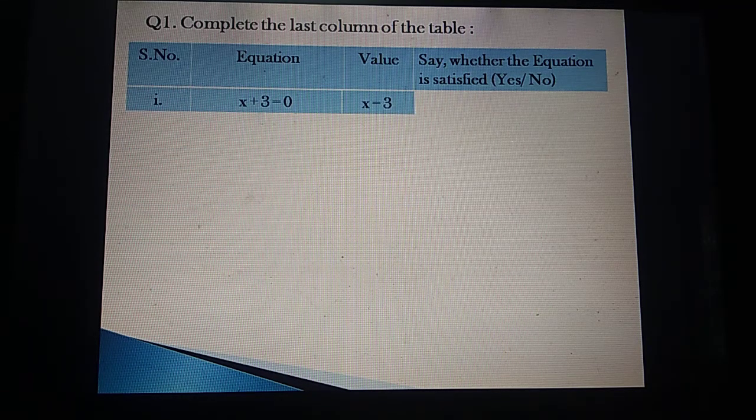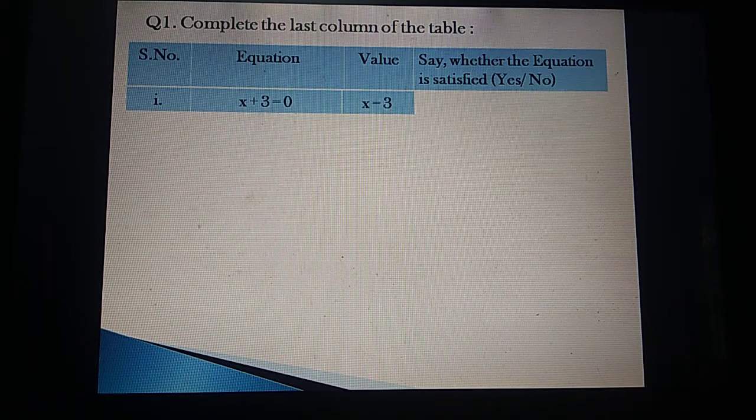So the first one is x plus 3 equals 0, where the value given of x is 3. Dear children, we will use mind calculation here. What we are supposed to do here is put the value given to you on the left hand side and check whether the value is equal to the right hand side.